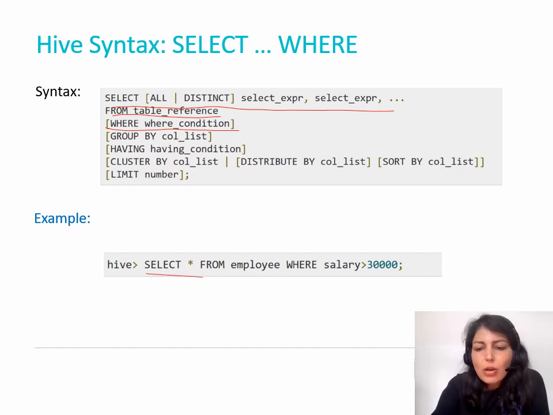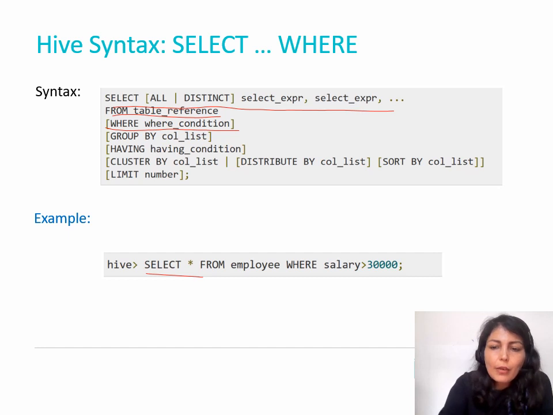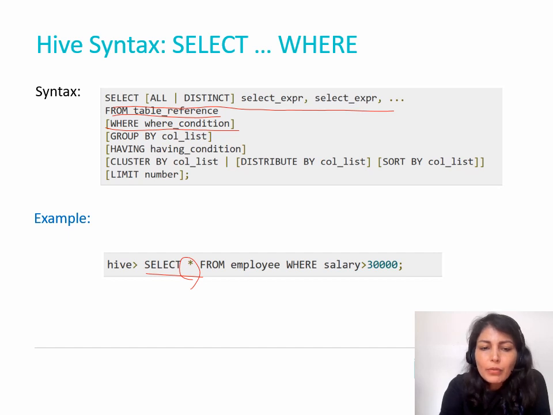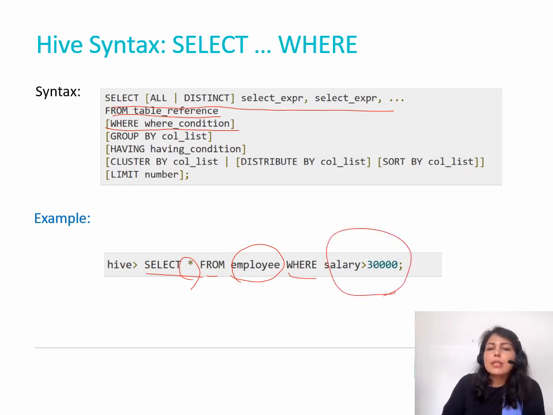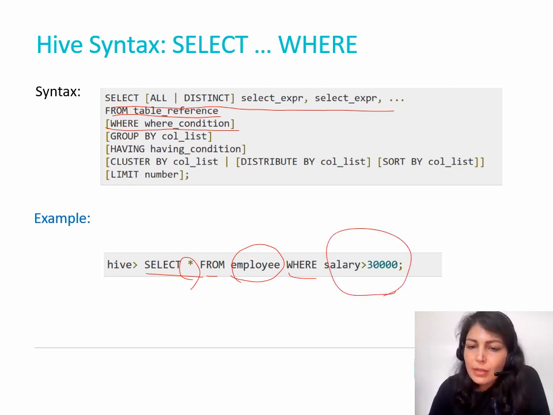When you say star, it means you want to select all columns from your table. If you want specific columns, you can write the names of the columns instead of a star. Here we say select star, meaning select all columns from employee, which is our table name, where salary is bigger than 30,000.